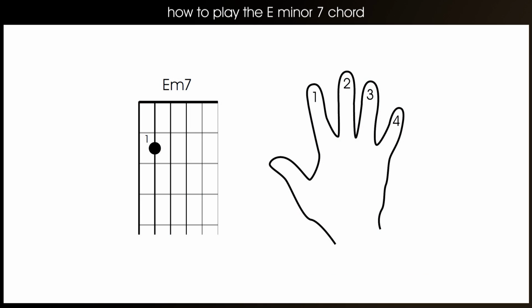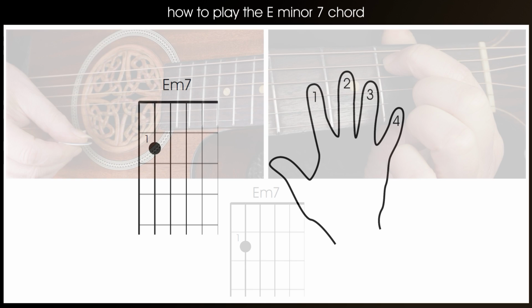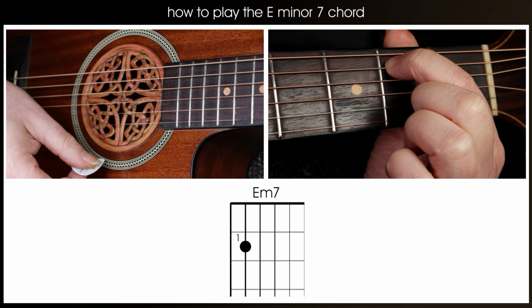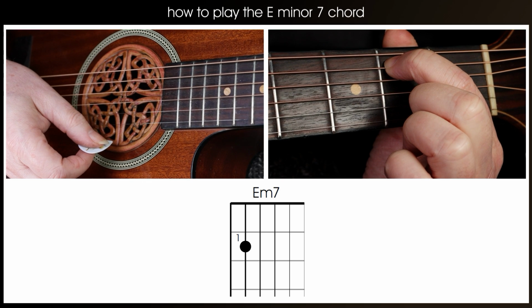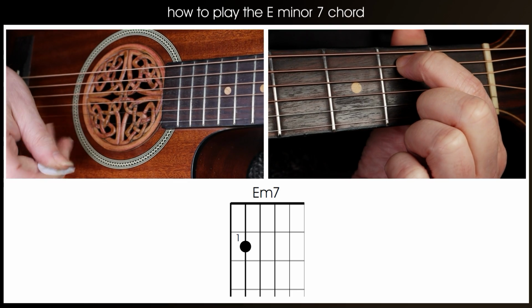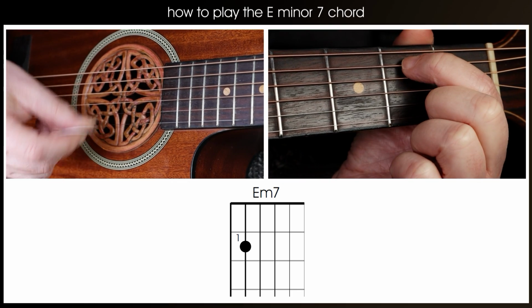Once you think the chord is right, you can try strumming the chord rather than going through the strings. Also, you can try taking the chord off and putting it back on again, just a couple of times so you get used to it.